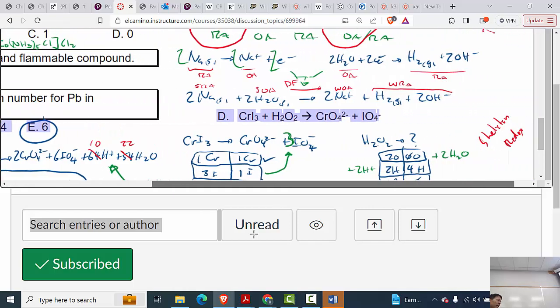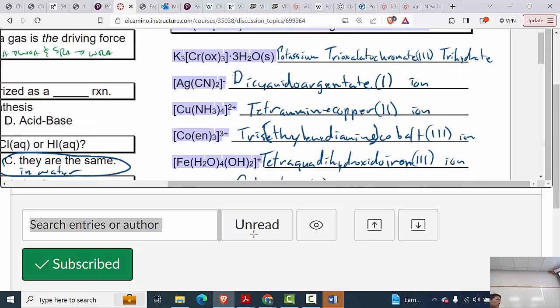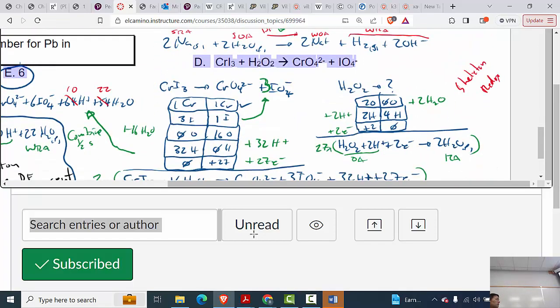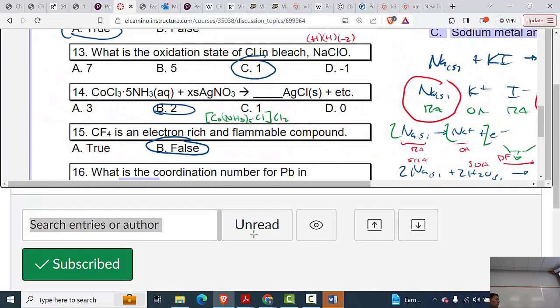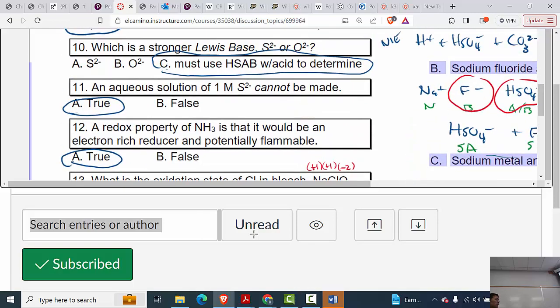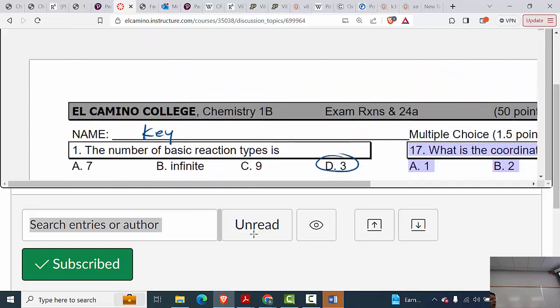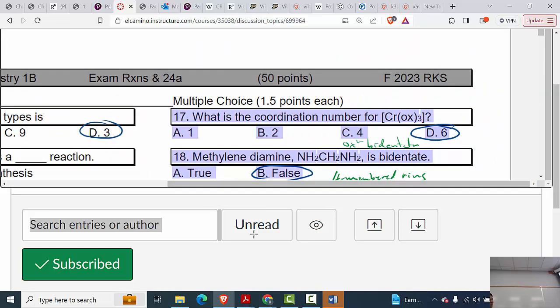Although there were only 3, I talked about more. Here's oxalate. Oxalate's a bidentate ligand. We have 3 of them, so the coordination number is 6.